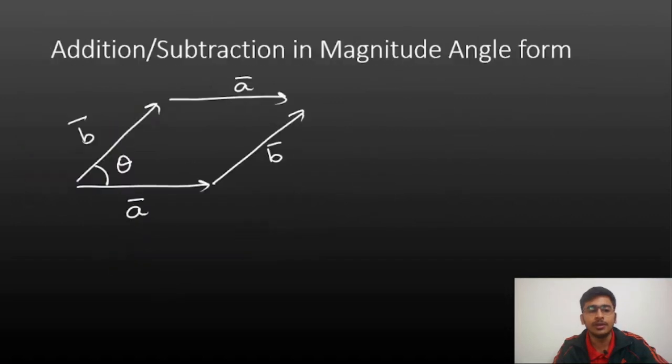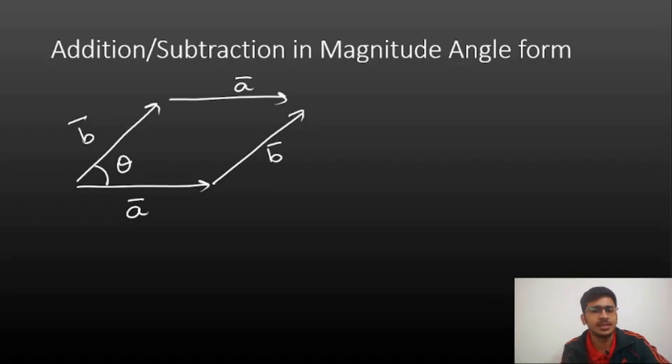Let's move on to addition and subtraction of vectors in magnitude form. So if I have this diagram from earlier, this parallelogram, and I want to find this A vector plus B vector, how do I find it? Well, to find this vector, let us first consider some basis directions.